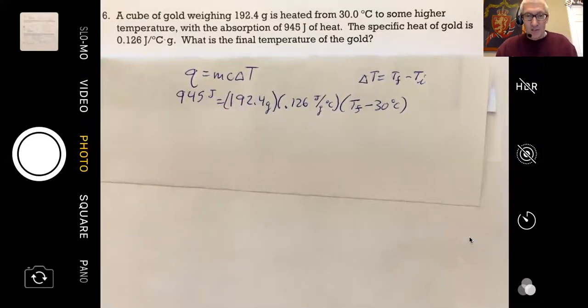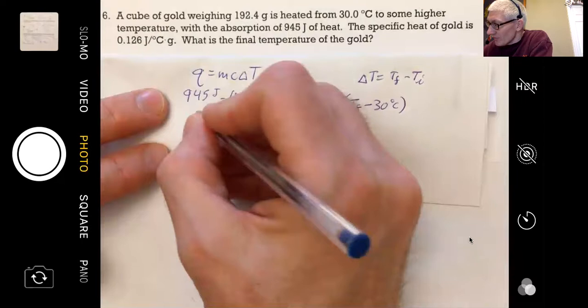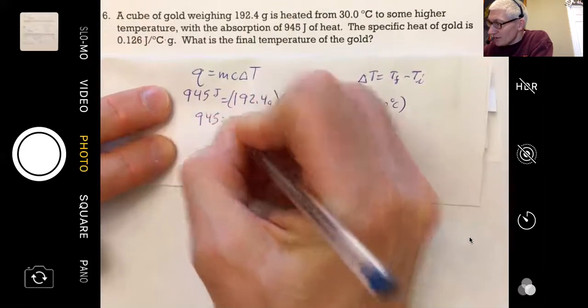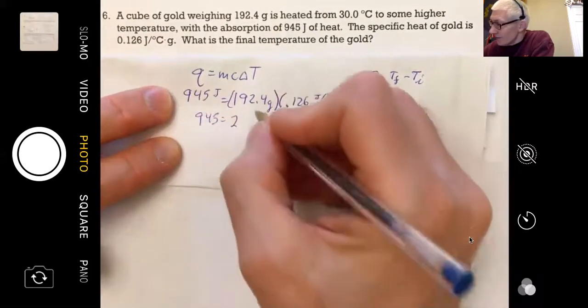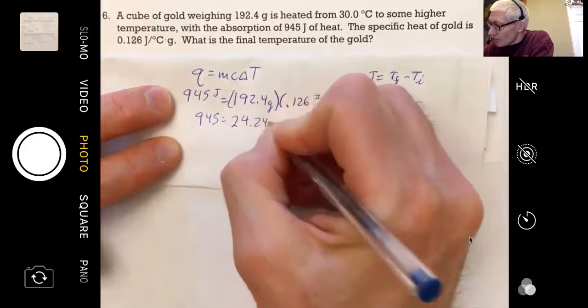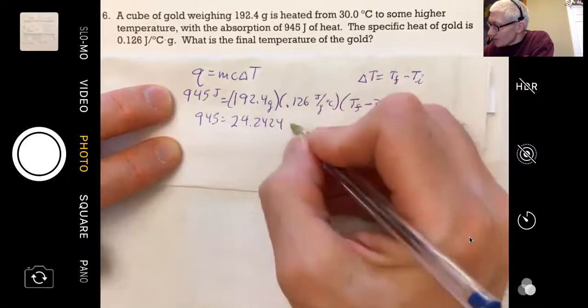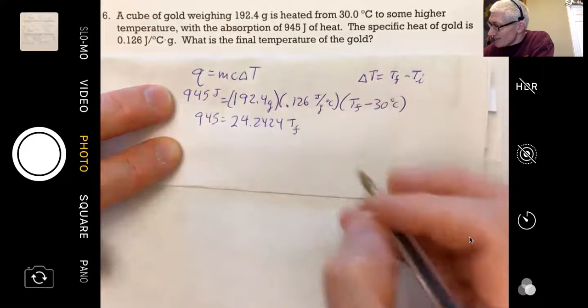So this ends up being the math problem that we have to do. At this point, we just do some calculator stuff. I'm going to go 192.4 times 0.126, and that's 24.2424. So I've got 945 equals 24.2424, and I'm going to just distribute that through, so that's times the TF.